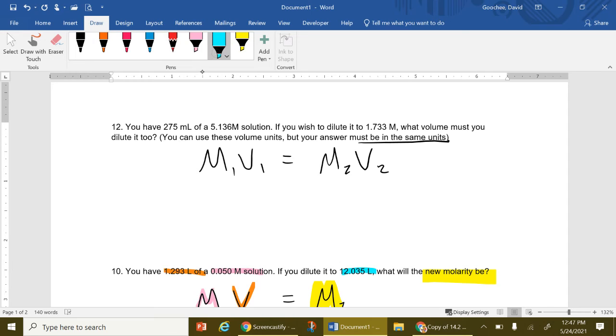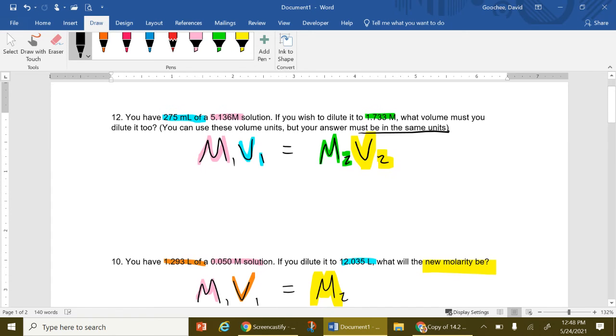So you have 275 milliliters, that's the initial volume, of a 5.136 molar solution. That's the initial molarity. You wish to dilute it to 1.733 molar. That's the final molarity. So the question is, what is the final volume going to be? Let's plug in what we know.